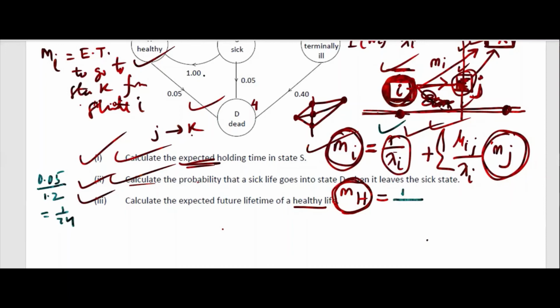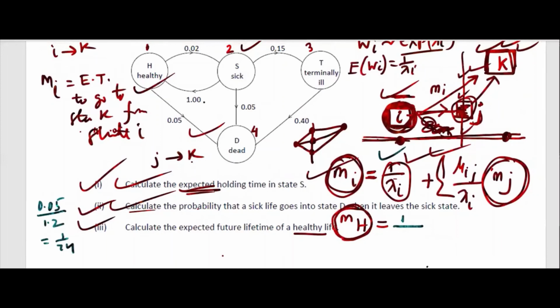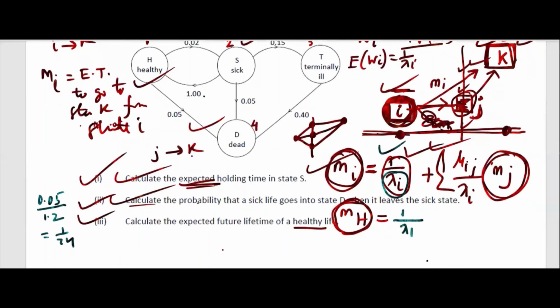What was that? ith state, right? From healthy if you find 0.05, 0.02, okay, lambda I am finding, okay, means lambda 1 I am finding lambda 1. What is lambda 1? Mu 11, right? What is lambda 1?